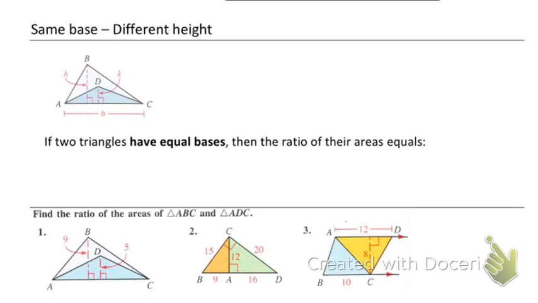All right, let's go on to the next one that says same base, different heights. If I look at triangle ABC over ADC, those two things have the exact same base, base B. So let's actually find the area of both of these. So the area of triangle ABC all over area of triangle ADC.